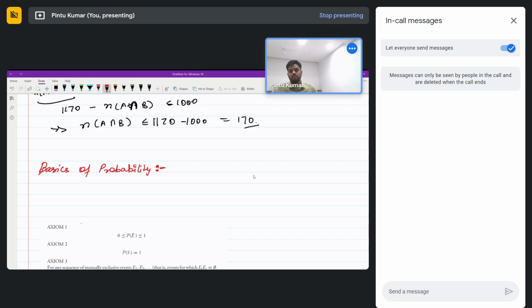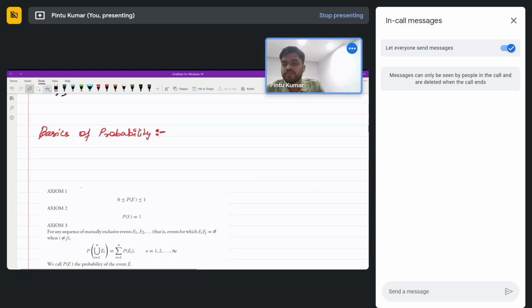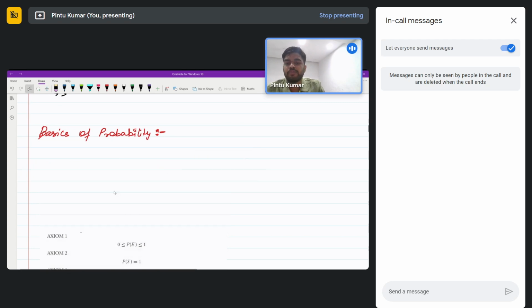If you are performing an experiment, for example tossing a coin, the experiment can have several outcomes. If you list all possible outcomes, you come up with something called the sample space.